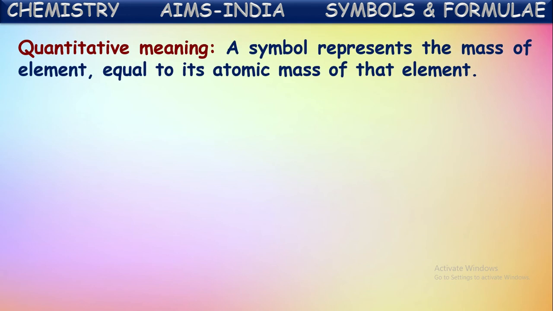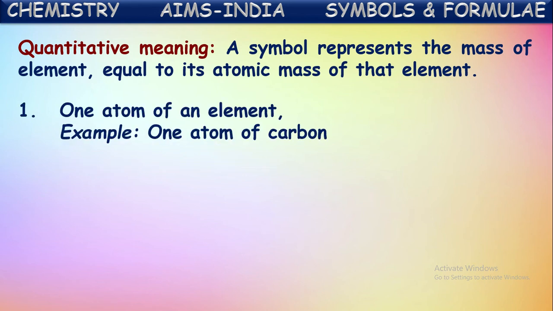The other significance is quantitative meaning. A symbol represents the mass of an element, which is equal to the atomic mass of that element. For example, one atom of carbon: if I write just C, this represents one atom of carbon.